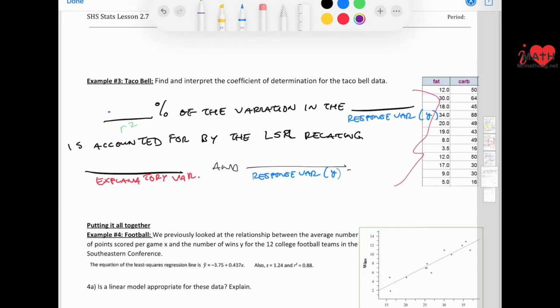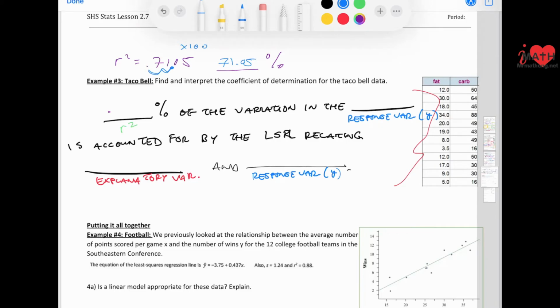Now we have to be careful here, guys. If r squared is equal to 0.7105, just want to make sure this is painfully obvious, okay? This is really multiplying by 100. So what you're going to do here is move that decimal place 2 places. Did you guys see that? 1, 2. So this is really 71.05%.